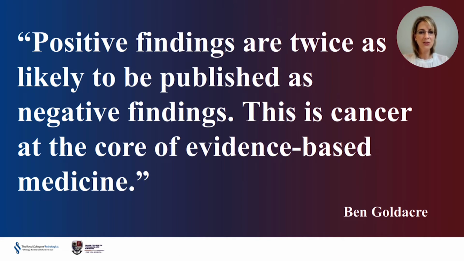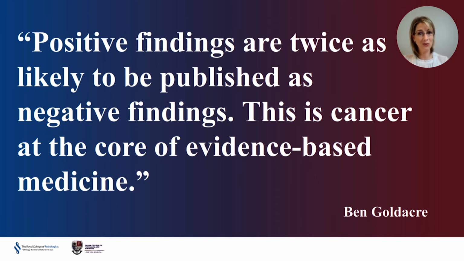So I've mentioned bias a few times as we're going through the pyramid, the grading method that's used to grade studies from high to low, and using the ABC system and the numbering system. And I'd like to share the quote by Ben Goldacre here, where he says, "Positive findings are usually twice as likely to be published as negative findings."